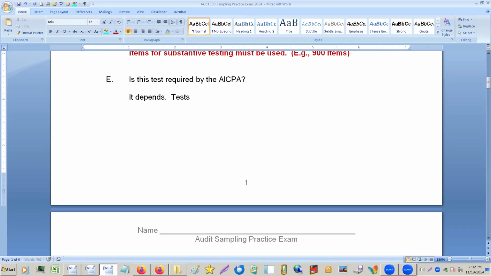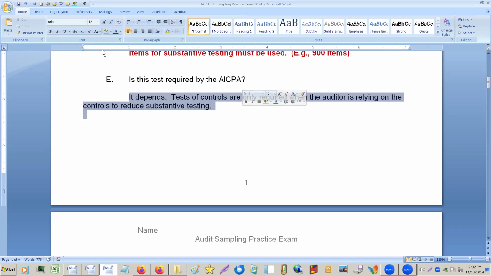Tests of controls are only required when the auditor is relying on the controls to reduce testing.